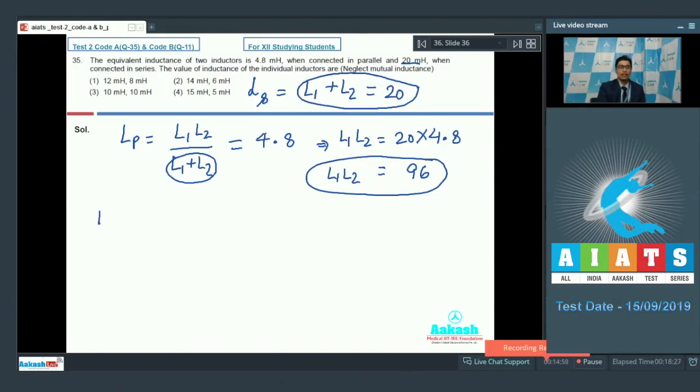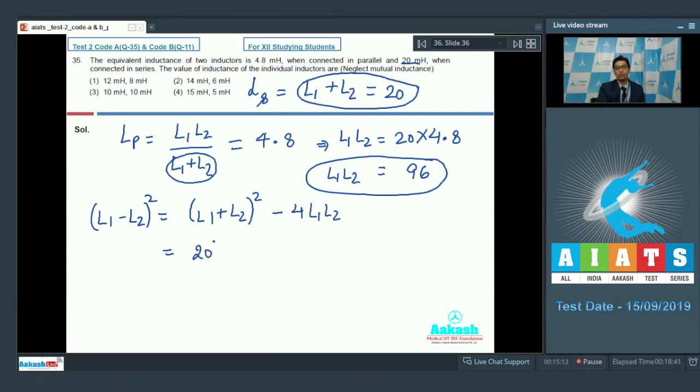For that, we can write that (L1 minus L2) square is equal to (L1 plus L2) square minus 4L1L2, which can be written as 20 square minus 4 into 96, which will be equal to 16 millihenry. Therefore, L1 minus L2 is equal to 4 millihenry.